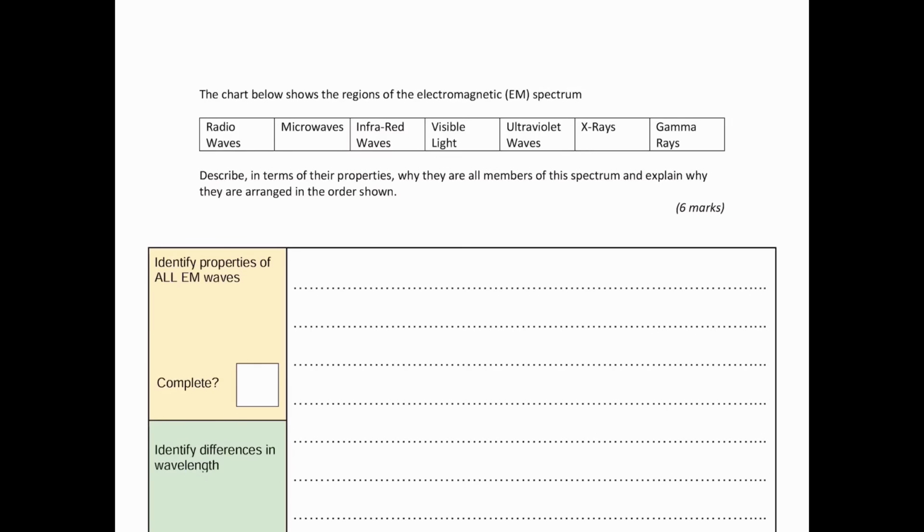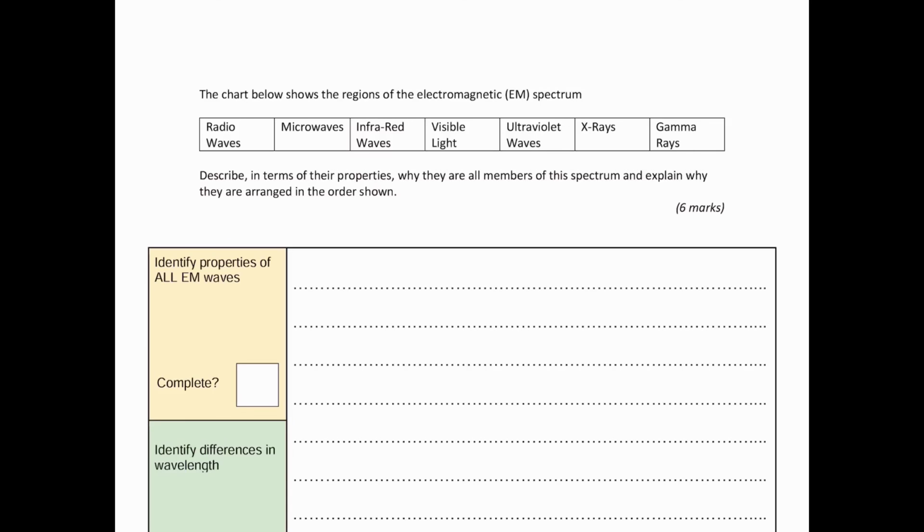We've got radio waves, microwaves, infrared waves, visible light, ultraviolet waves, X-rays and gamma rays. The question states, describe in terms of their properties why they are all members of this spectrum and explain why they are arranged in the order shown. And it's a 6-mark question.